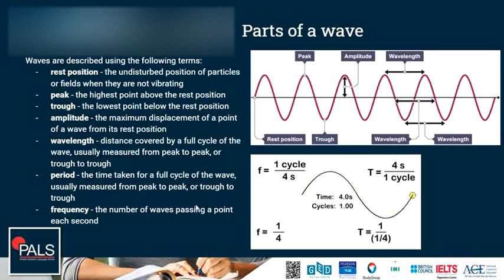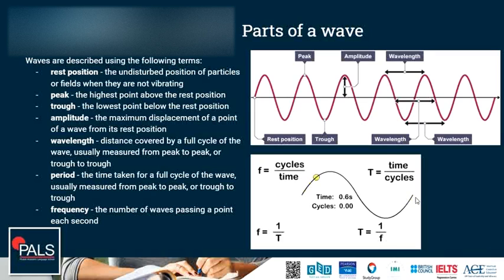Frequency and period are related to each other, which we can see in the animation below here. Frequency is the number of cycles divided by time, whereas the period is the time it takes per cycle. So in this case, we can see one wave takes 4 seconds.